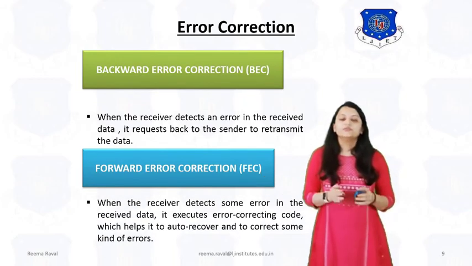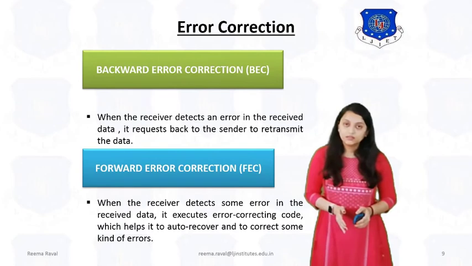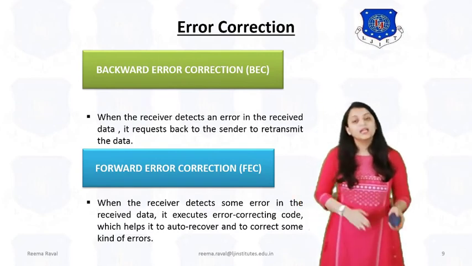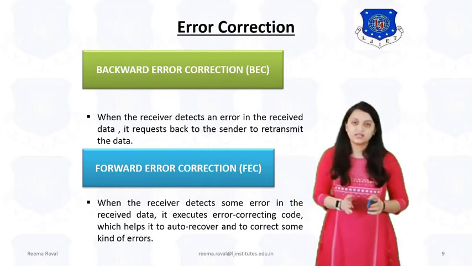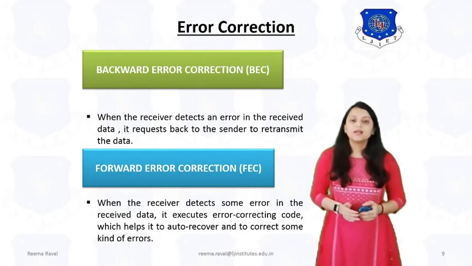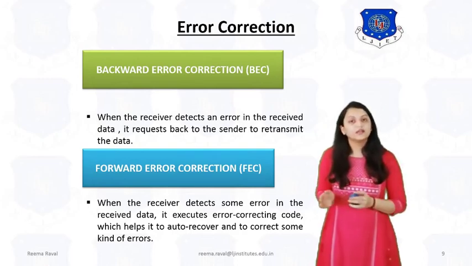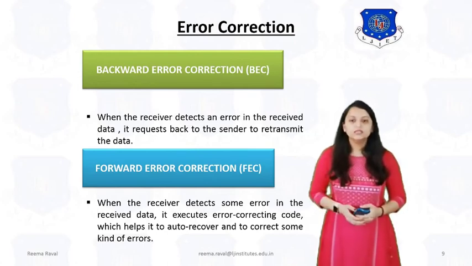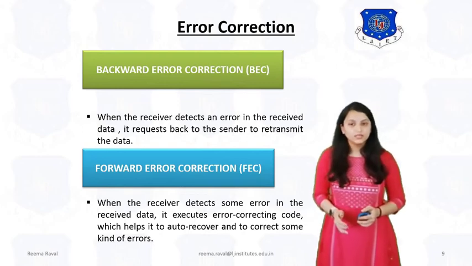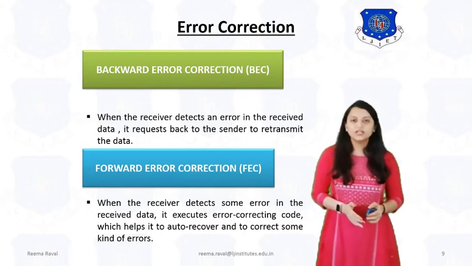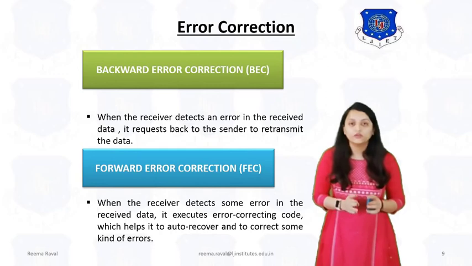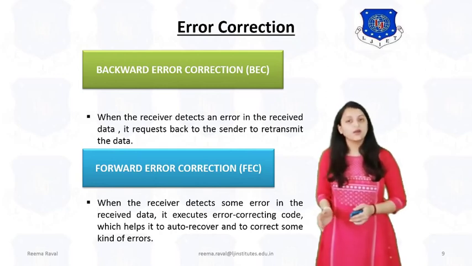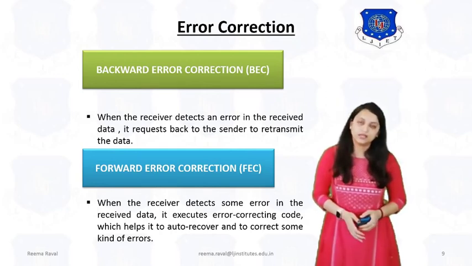When the receiver detects an error in the received data, it requests the sender to retransmit the data. This is called BEC, backward error correction. When the receiver detects some error in the received data, it executes an error correcting code which helps it to auto recover and correct some kinds of errors, and this is called FEC, forward error correction.